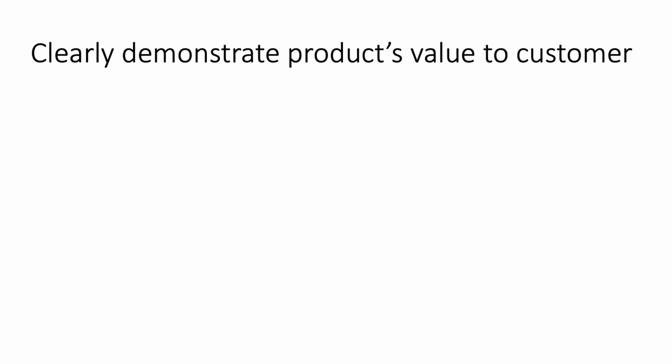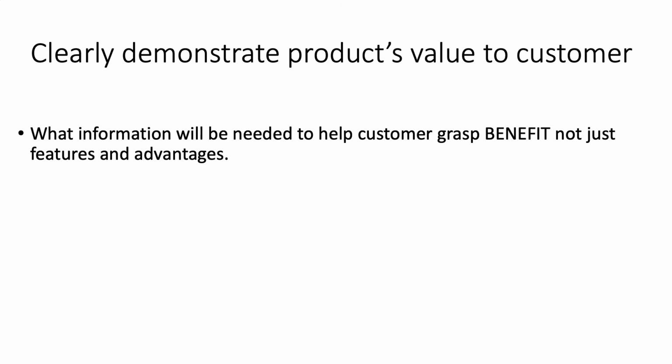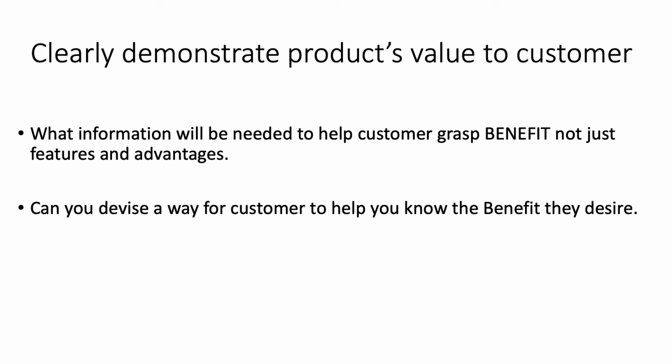You want to clearly demonstrate the product's value to the customer. What information will be needed to help the customer grasp the benefit, not the feature, so that they really understand the value that they're going to get for the money that they're prepared to spend, or you're asking them to spend? Can you devise a way for customers to help you better know the benefits they desire?